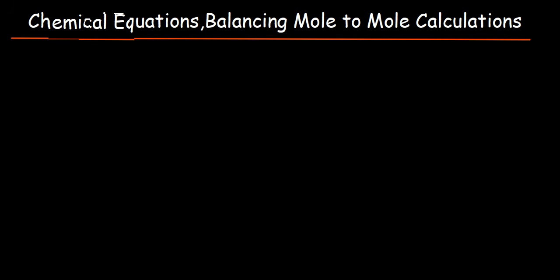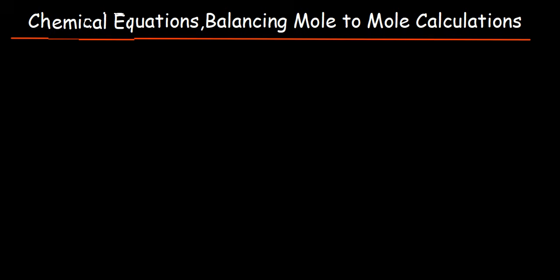In exams, if your equation is wrong, the whole calculation is wrong, even if your math is perfect. So this part of stoichiometry is non-negotiable. By the end of this part, you should know how to write chemical equations, how to balance them, and how to use coefficients to find mole ratios.